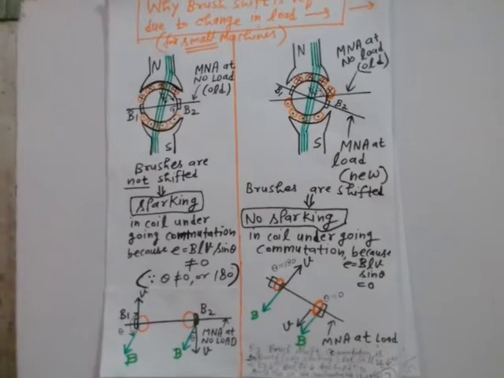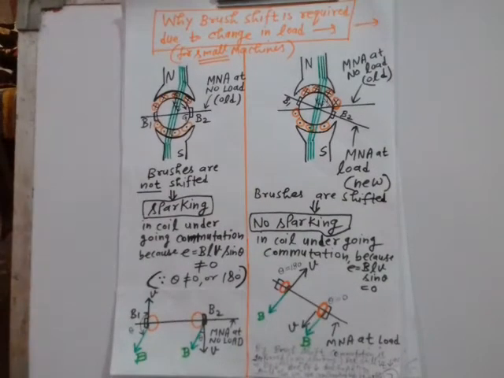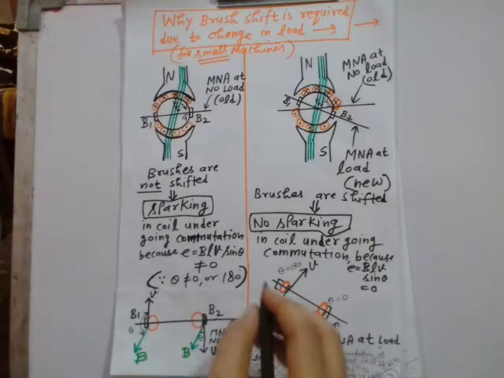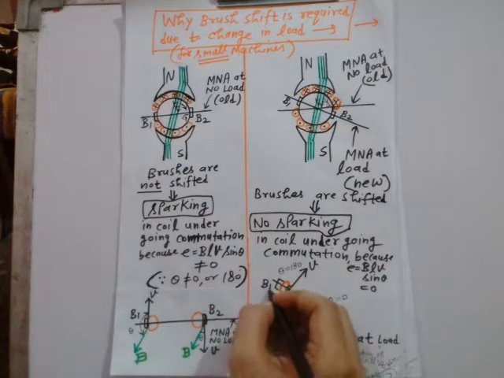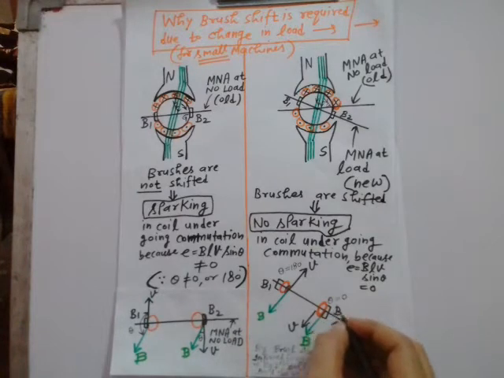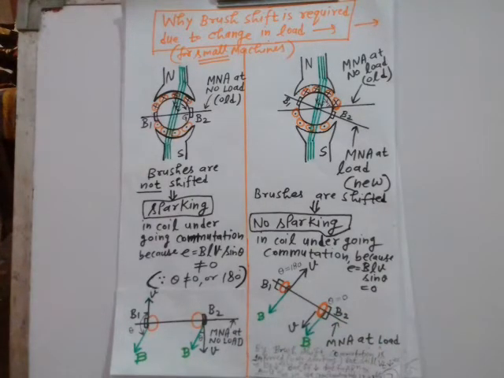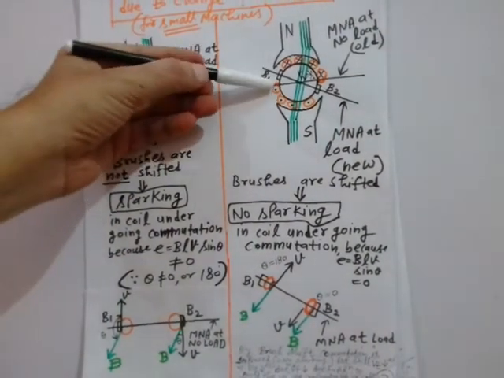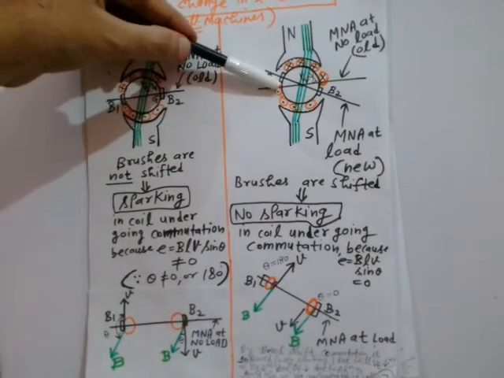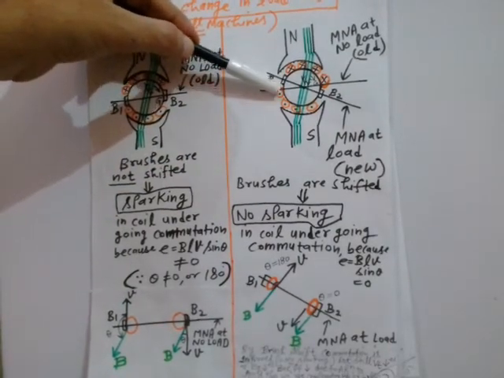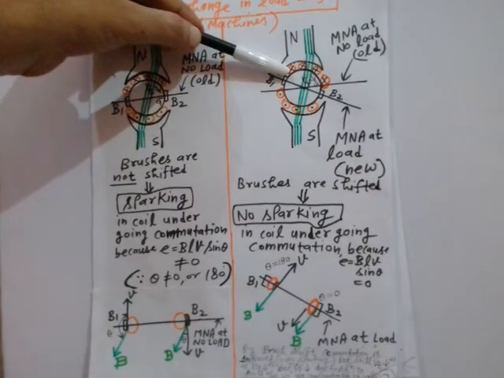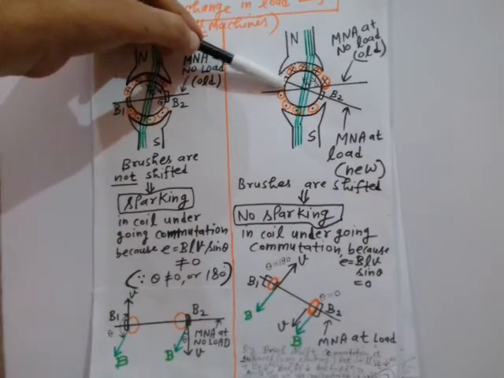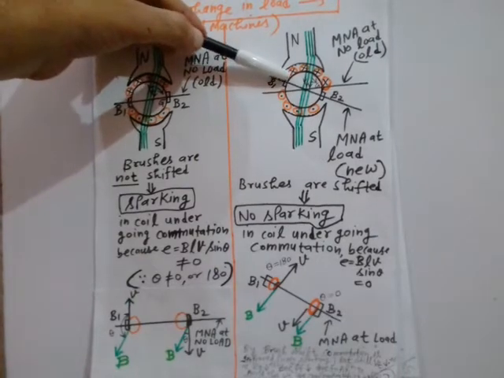This is your brush B1, and this is your brush B2. So when this coil, during the time of commutation, will cross this brush after rotation, then it will be shorted by this brush width.